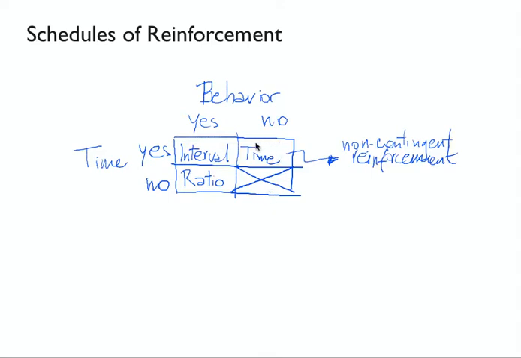So we're not going to focus that much on this, because this involves reinforcement that is not contingent on behavior. So let's take that out. We're going to focus instead on the main two categories of schedules of reinforcement: interval and ratio.